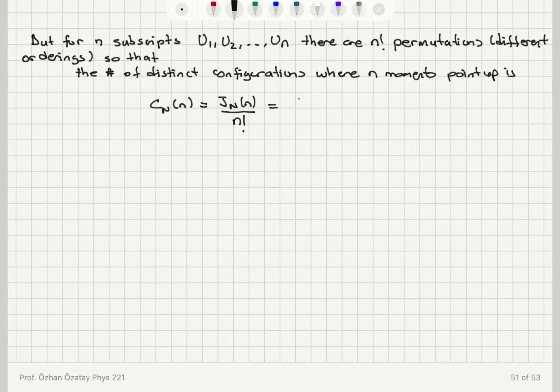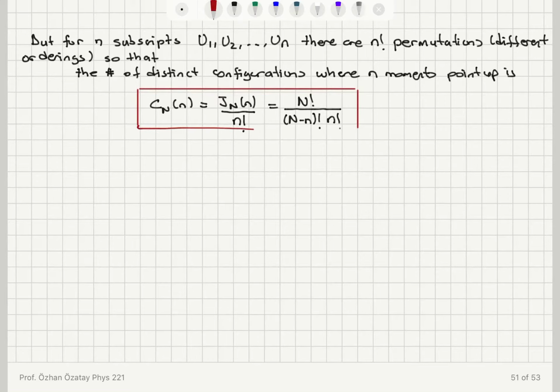So it's going to be N factorial over (N minus n) factorial, n factorial. So that is what I'm looking for: the number of combinations of capital N objects taken lowercase n at a time.